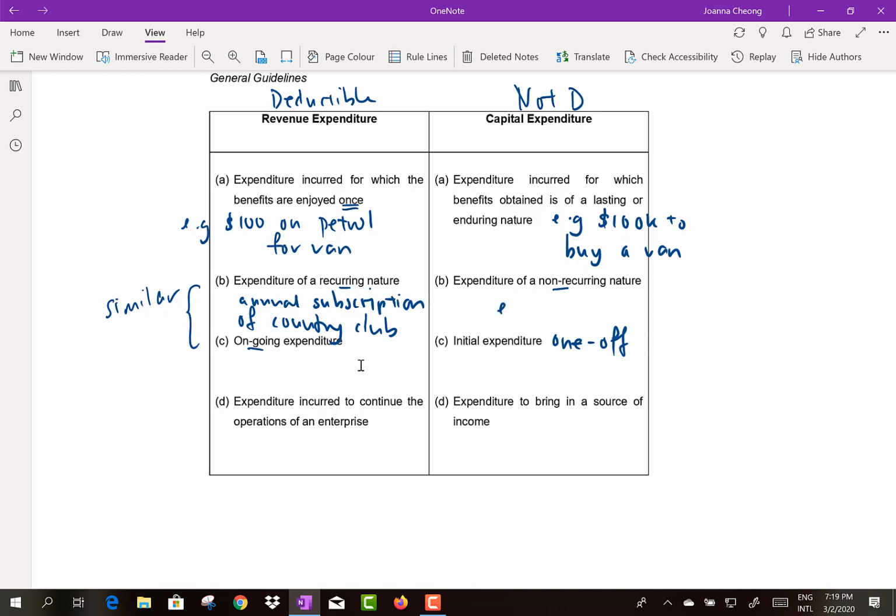But entrance fee or joining fee is a one-time fee. It should be classified as capital in nature, so it will not be deductible.